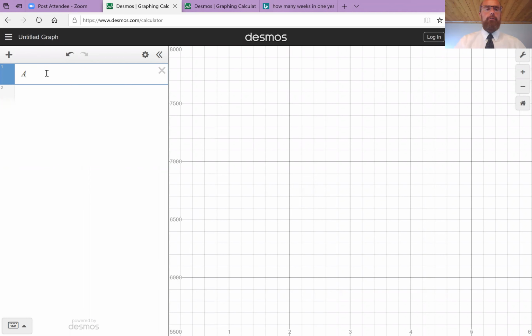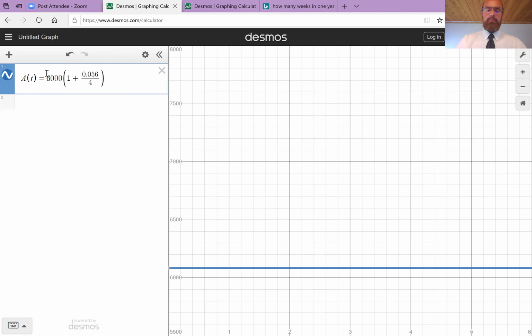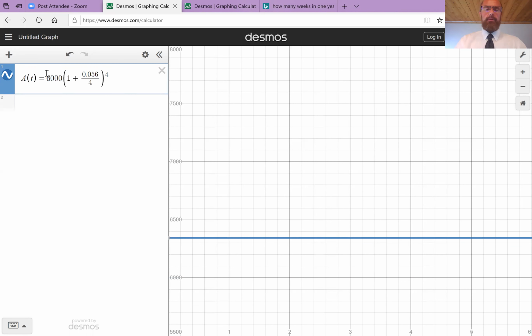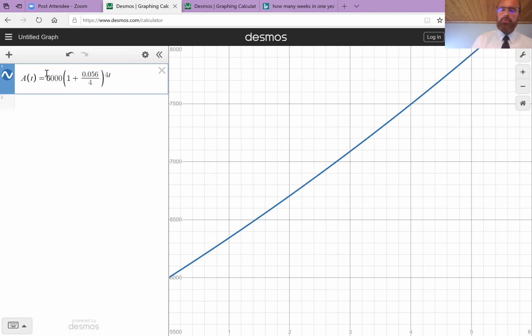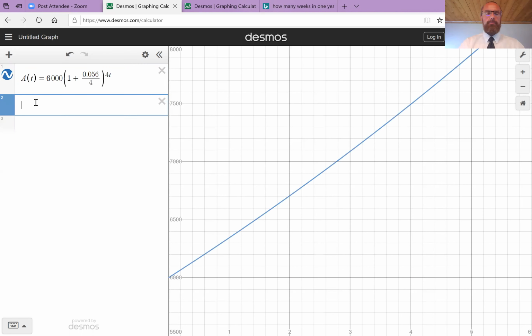We'll call the first one a of t. That'll be the function where I take that $6,000 and calculate the interest compounded every quarter, so the end value of 4, but I'm going to leave it with just a variable. Now this is kind of a slice of the exponential function, so you can see a slight curve in that graph, but it almost looks linear the way that we've zoomed in on it.